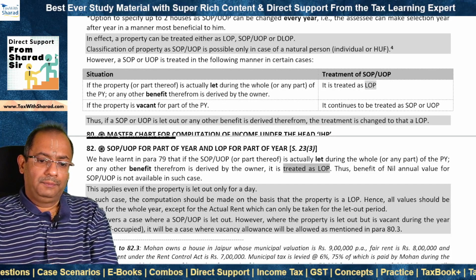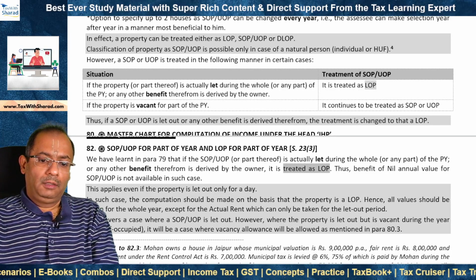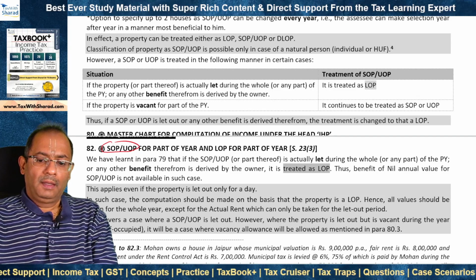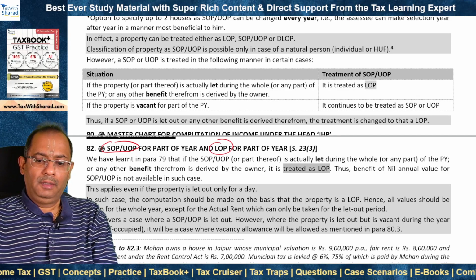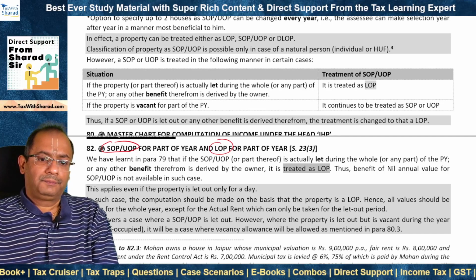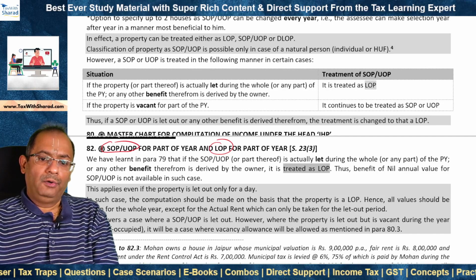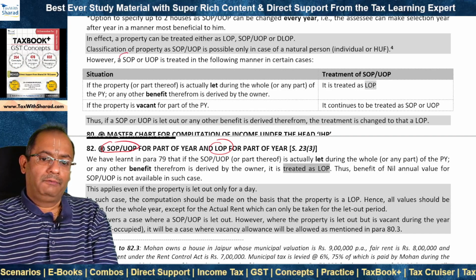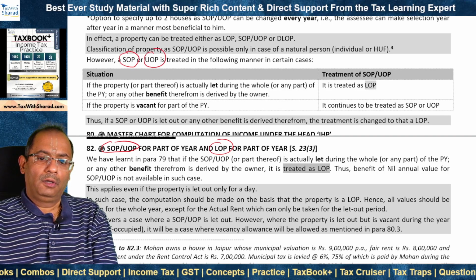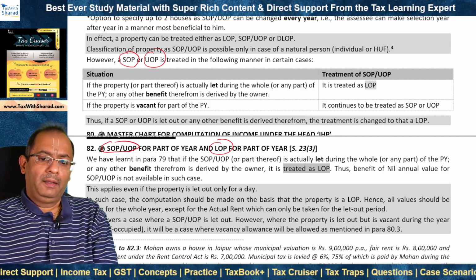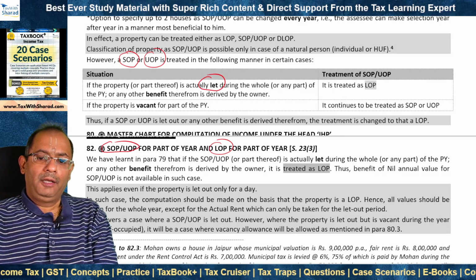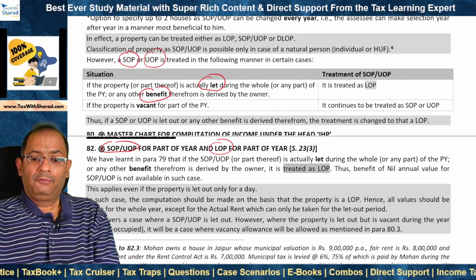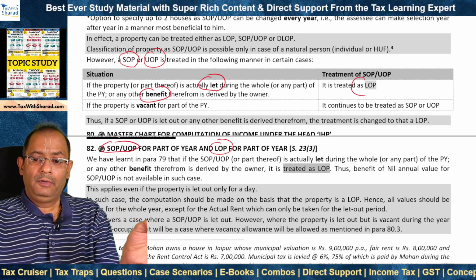We will now look at a special situation where the property is SOP or UOP for part of the year and LOP for part of the year. As we noted some time back in this video, when we were looking at the types of properties, if it is a case of self-occupied property or unoccupied property, and if such property is actually let during the whole or any part of the previous year, or any other benefit therefrom is derived by the owner, then it is treated as LOP.